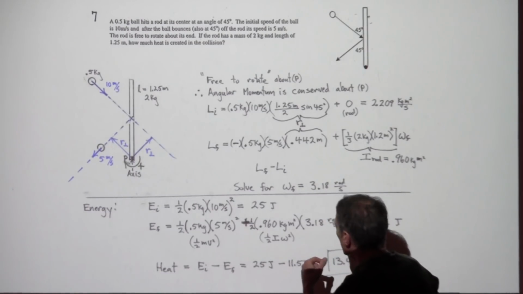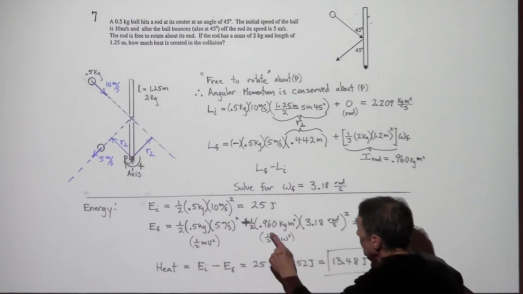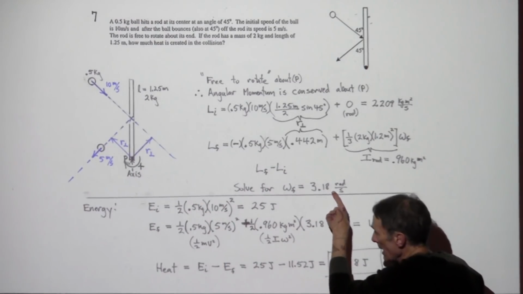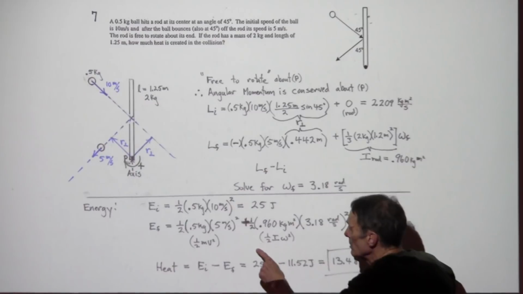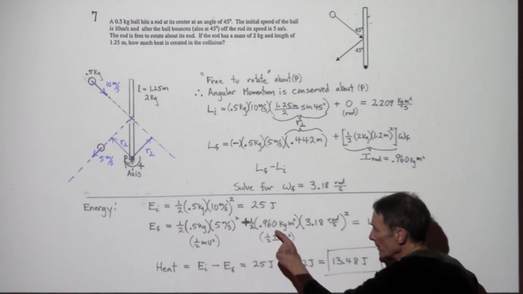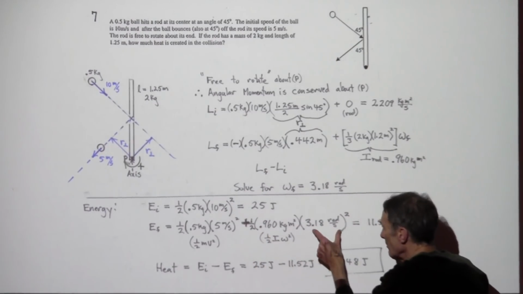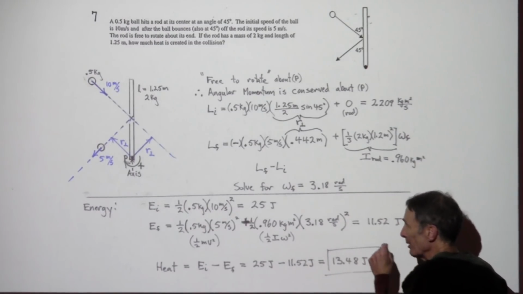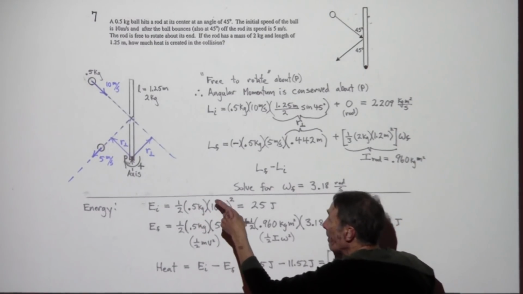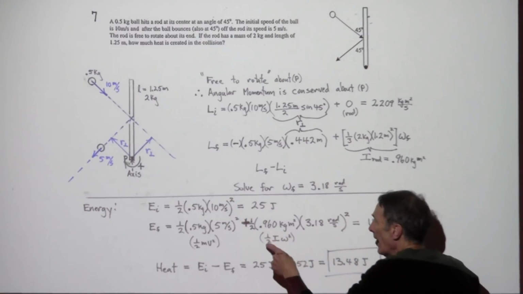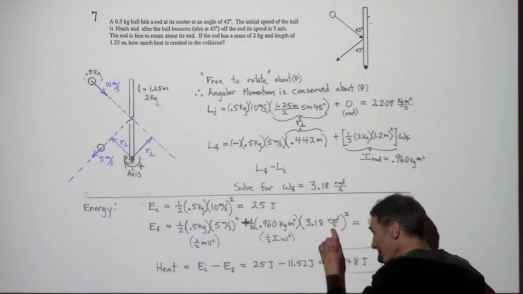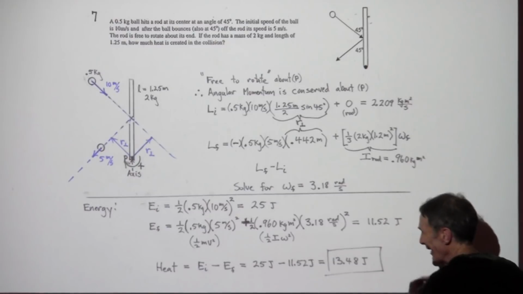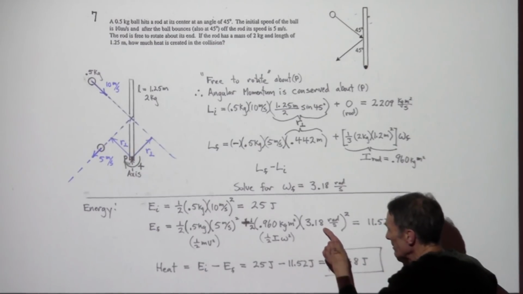Then we have this rod that's rotating with this angular velocity. So I want to use 1/2 I omega squared. Similar to how this is 1/2 mv squared, this is 1/2 I omega squared. I'm having trouble myself here saying all this.